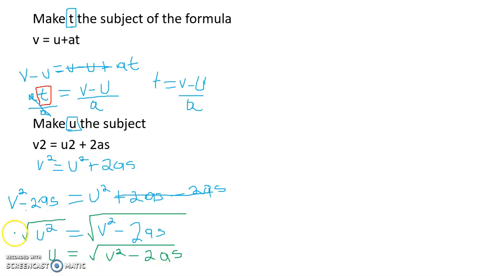And that will be your answer. So remember, once the instruction asks you for u or any letter and it's not squared, once it goes down to the part of the equation where you get a square, you find the square root of both sides.